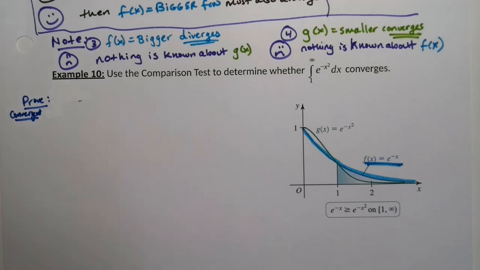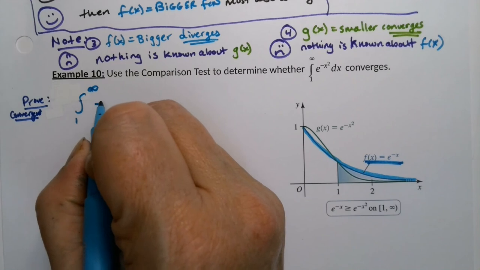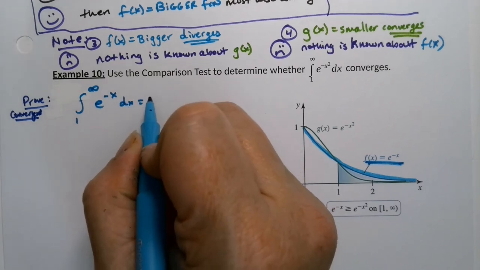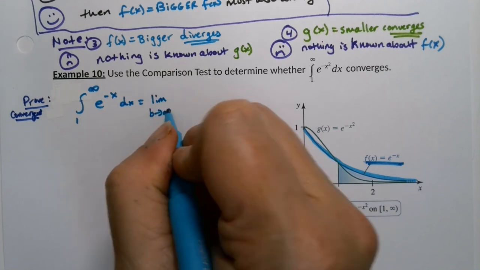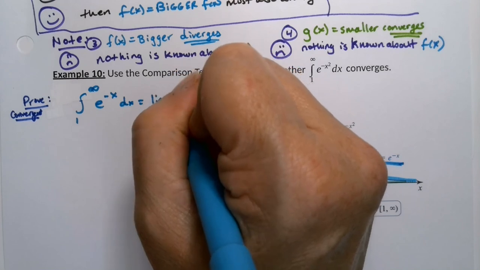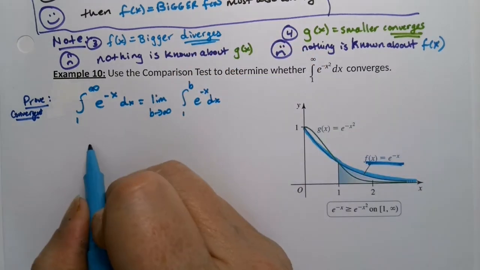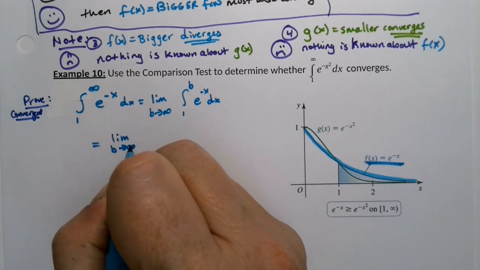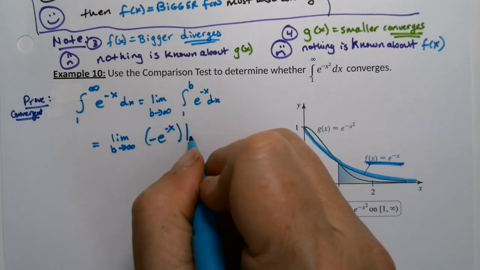All right, so the integral from 1 to infinity of e to the negative x dx is equal to the limit as b goes to infinity of the integral from 1 to b of e to the negative x dx, which is equal to the limit as b goes to infinity of negative e to the negative x evaluated from 1 to b, because I know how to integrate that.